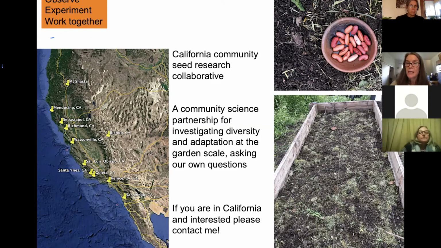bush beans. And the thing about this population is that it includes multiple genotypes, and we know what those are, and we are each planting the same proportion of those genotypes.